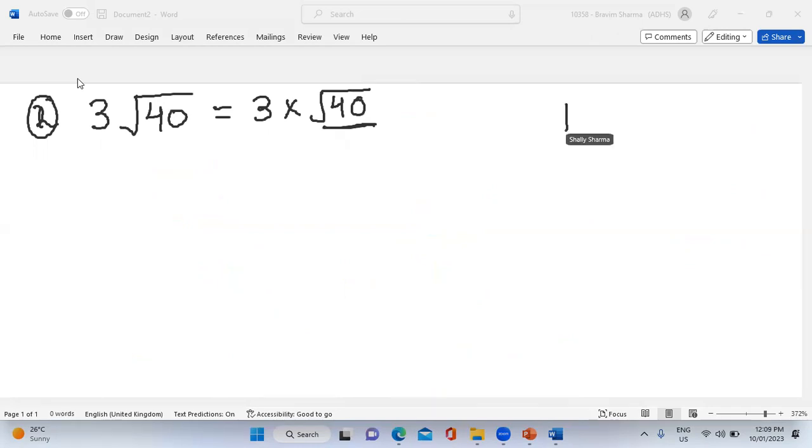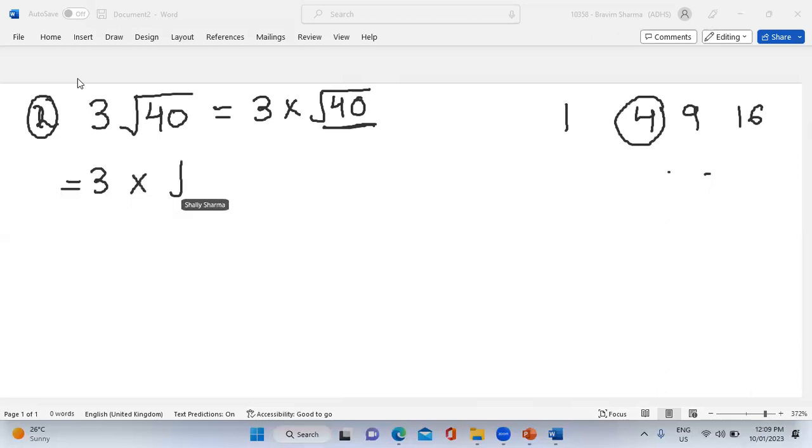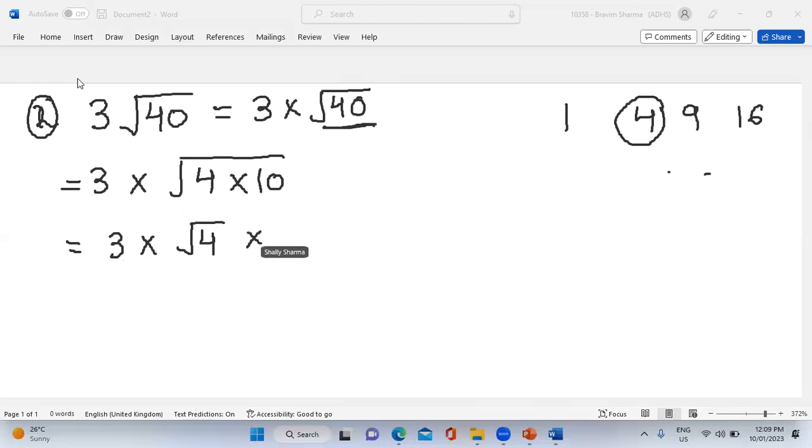So again, I write 1, 4, 9, 16, and so on. I can see that 40 is a multiple of 4. So I write it this way: 3 times square root of 4 times 10, which can be further written as 3 times square root of 4 times square root of 10.